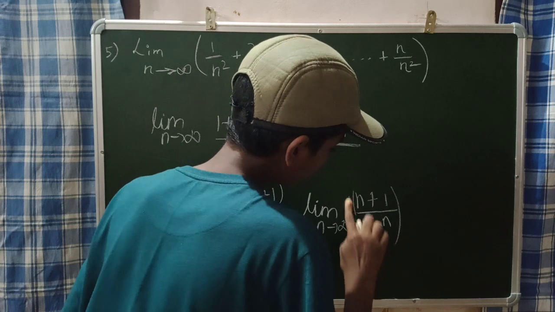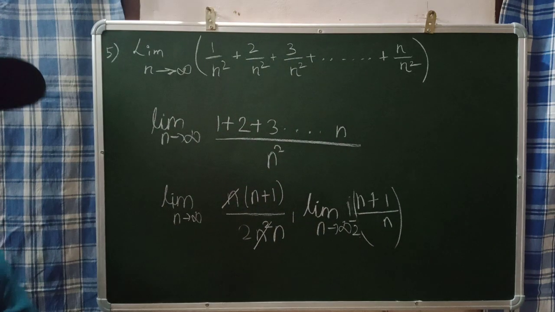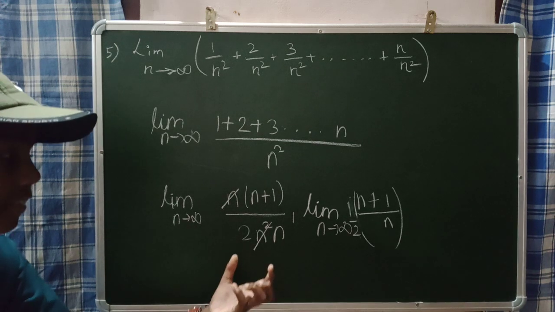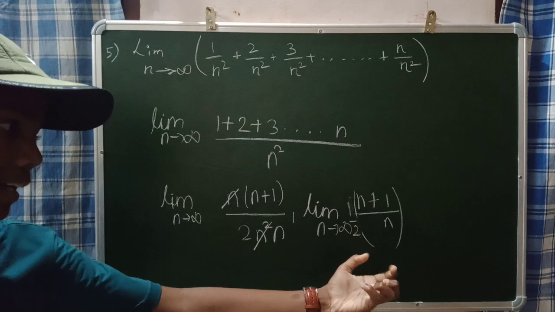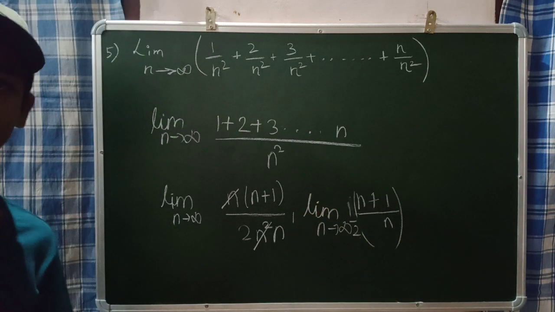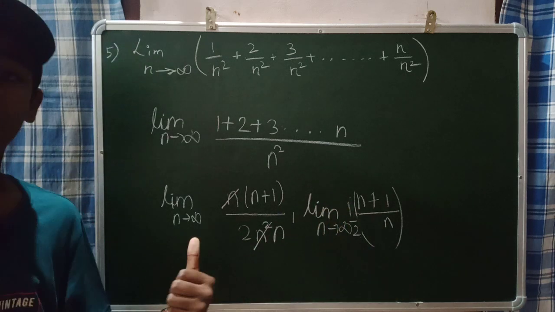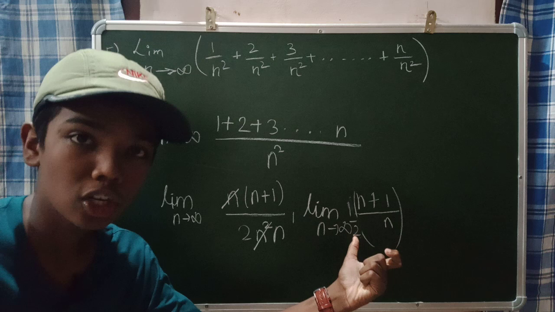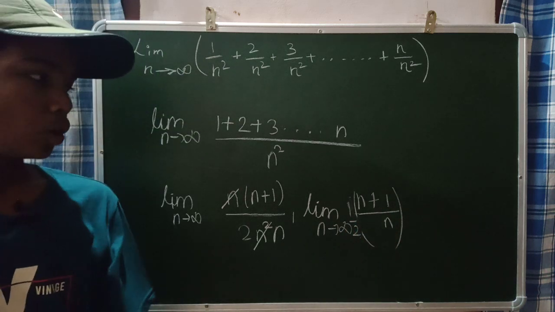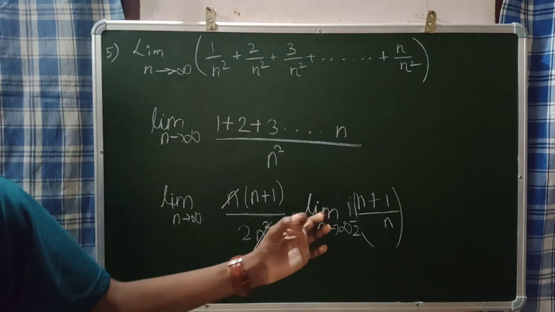Because I am having that 2 in the denominator. Just a basic thing: if I have it in the denominator, that means that is 1 by 2. So with 1 by 2 taken outside, I will get n plus 1 divided by n.